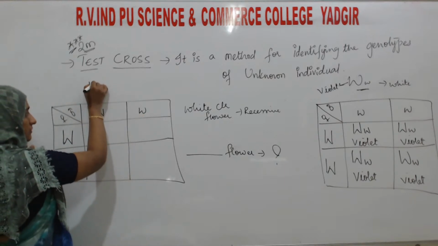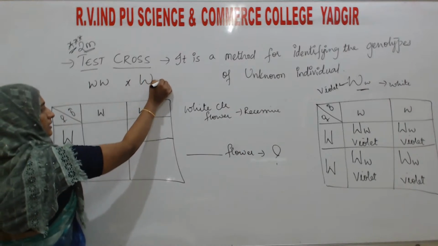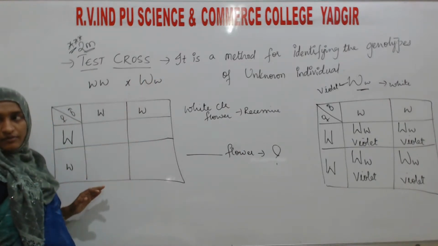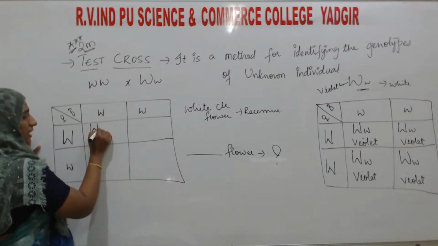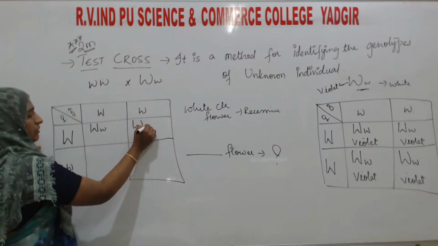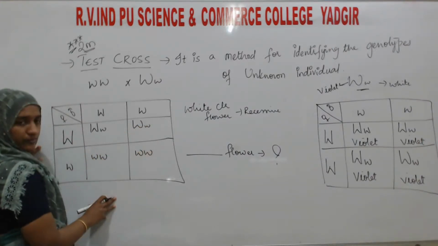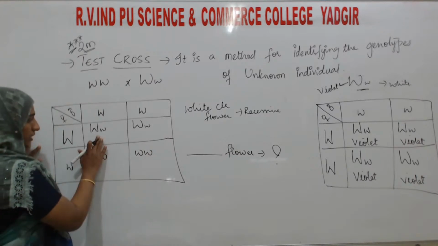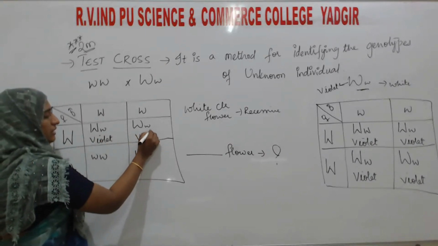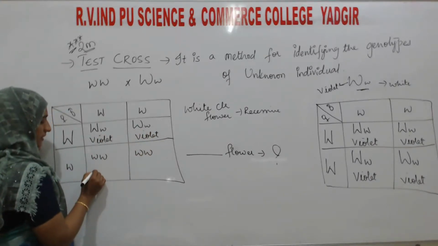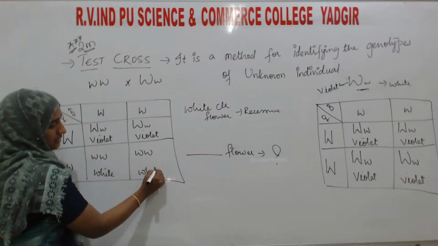We crossed the white color recessive with the heterozygous violet color flower. These are the parents. So what did he get? Capital W, small w, capital W, small w, then small w, small w, small w, small w. These two are violet in color, and these two are white in color.